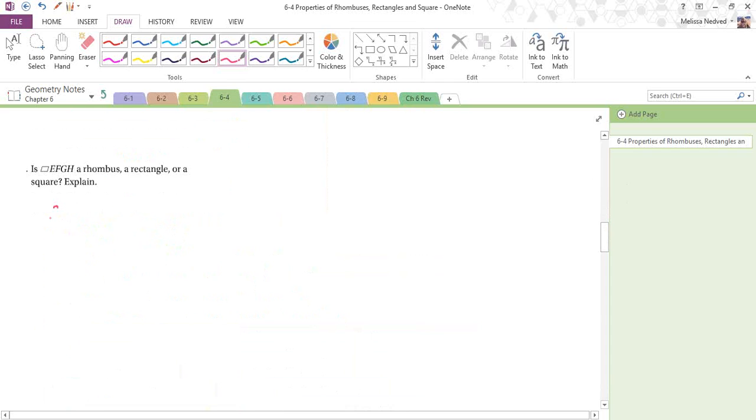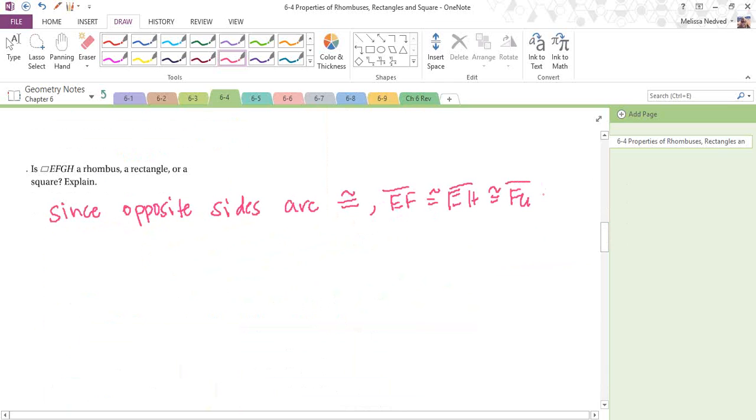So I'm going to just jot down that note. Oh, that's not HG, it should be the last one.